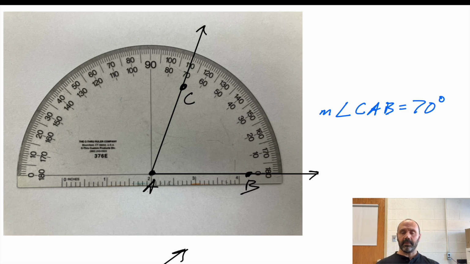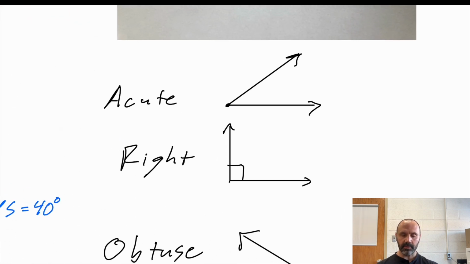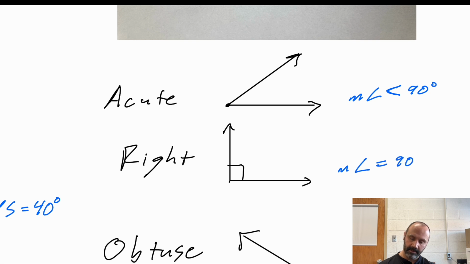We can classify angles based on their measurement as well. 90 degrees is kind of an important angle. And so anything less than 90 degrees is an acute angle. Okay, so acute, these are angles where the measure of the angle is less than 90 degrees. A right angle, that's an angle where the measure of the angle equals 90 degrees.